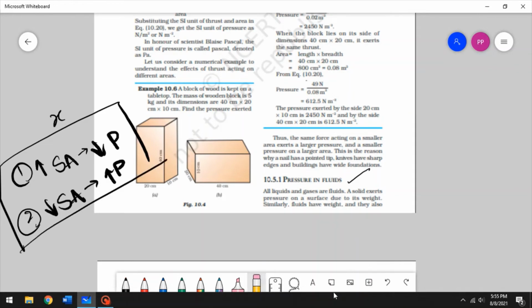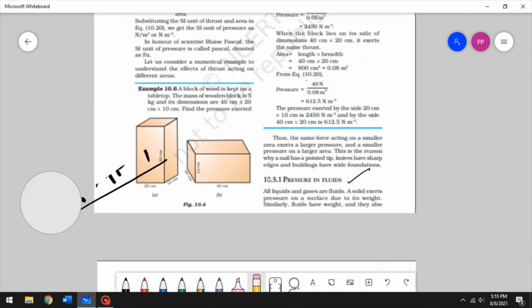First of all, the fact that surface area and pressure are inversely proportional to each other should make it pretty intuitive for you, but even if not, that relation is a very handy relation that you can note down and keep revising. Alright, so that is the reason behind a nail having a pointed tip and a knife being sharp edged and a building having wide foundations.